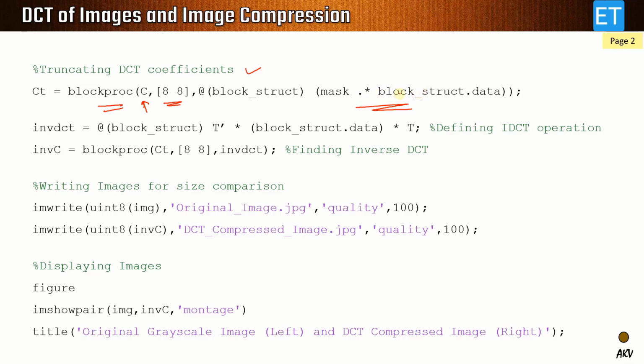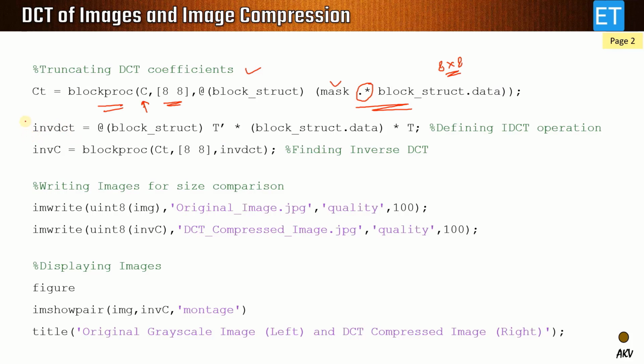In this operation, you can simply see that the mask is multiplied element by element with that block of 8 by 8 DCT coefficients. So by multiplying this mask, obviously your top left corner few coefficients will be preserved, and then the rest will be made 0.